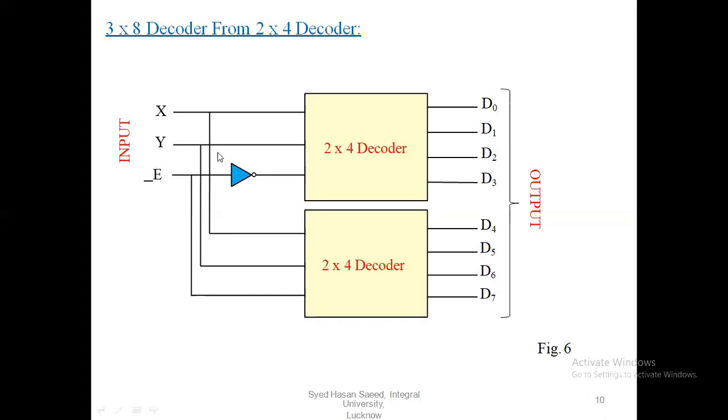Here X, Y, Z inputs and ultimately one enable input comes. Same connections, and here D0 to D7, here D8 to D15 are the outputs. That way we will construct the 4 by 16 decoder using 3 by 8 decoders.